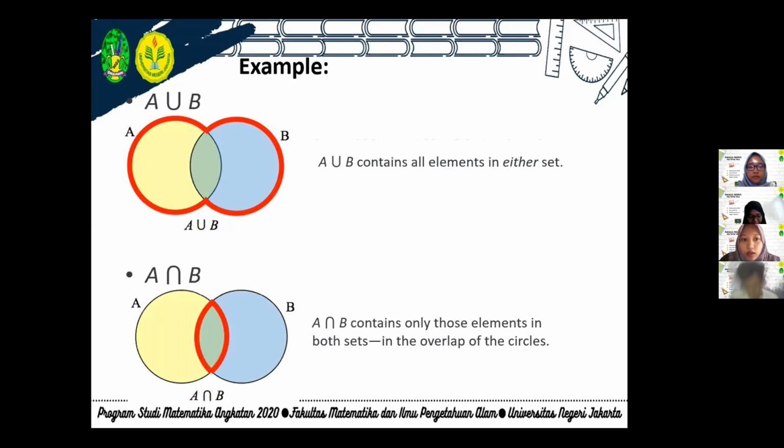Example, A union B. A union B contains all elements in either set. A intersection B. A intersection B contains only those elements in both sets, in the overlap of the circles.